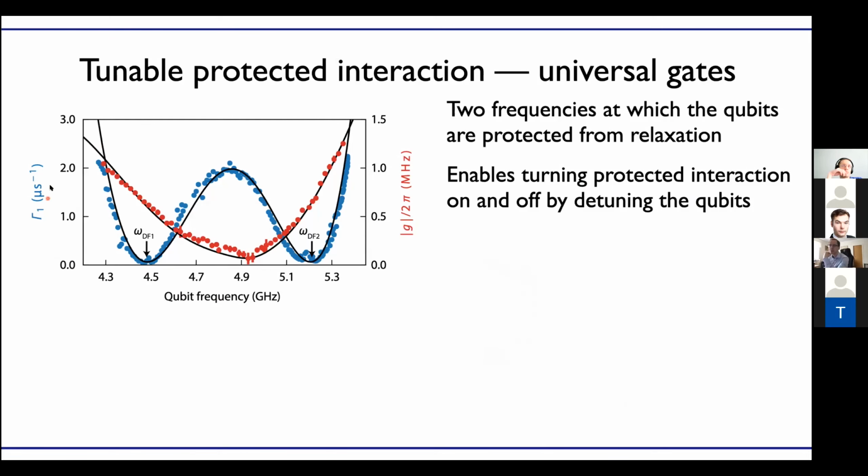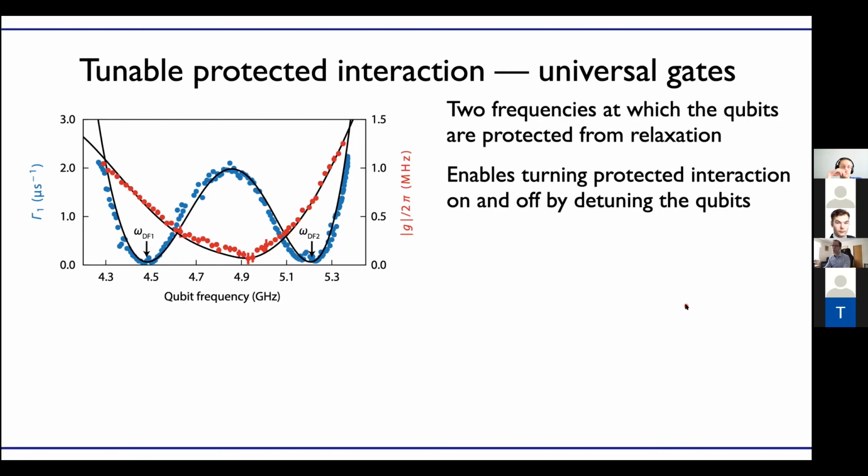So in blue here are the measured relaxation rates as a function of frequency. Now we have these 2 minima instead of the single minimum we had before. We have 2 minima that are a few hundred megahertz apart. And at both of these minima, we have a non-zero interaction strength in red here.